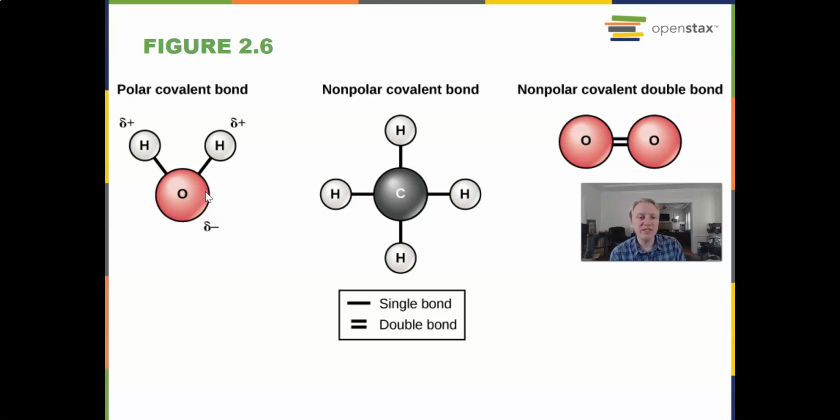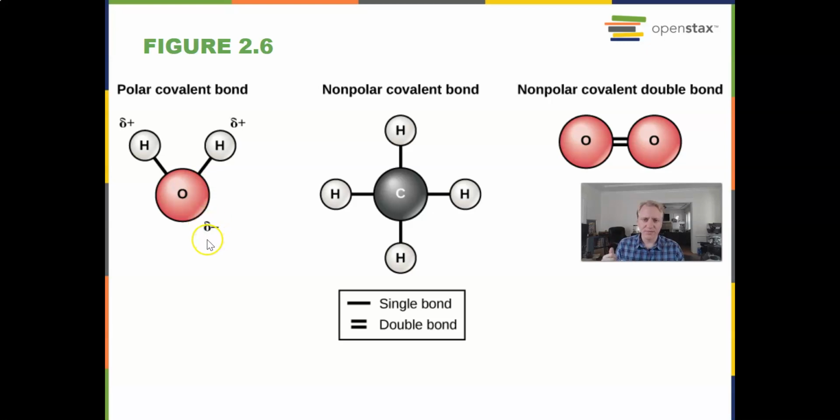And the reason for that is because of electronegativity. That's a term you should know. All it means is that oxygen is wanting to pull those electrons more than those hydrogens. Or you could say the oxygen is more electronegative than those hydrogens.